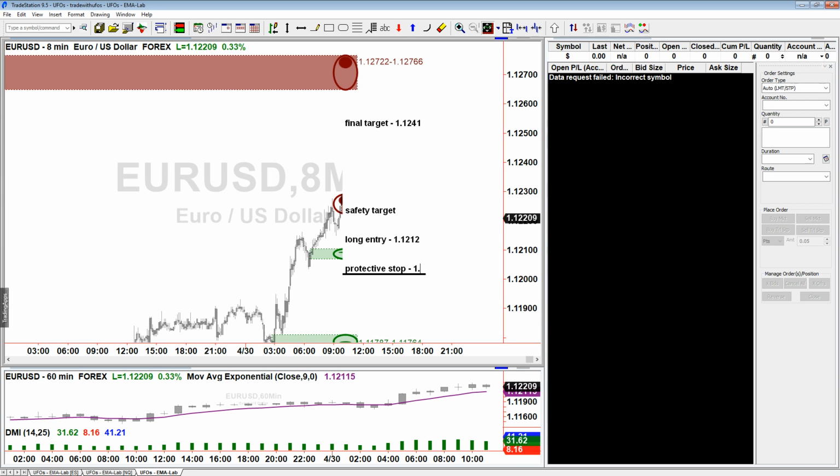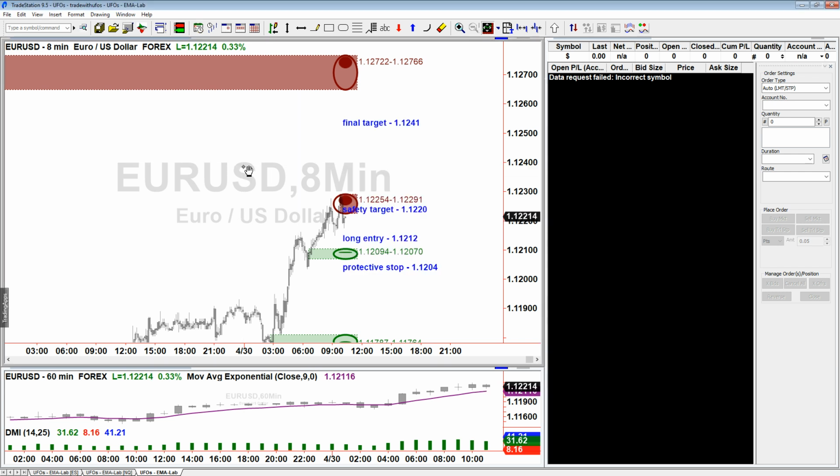We're going to go for 112 instead of 07, going back down by 3, so we'll make it 04. In other words, from 04 to 12, we are risking 8 pips. Therefore, our safety target will be 8 pips above 112.12, which is 112.20. That's our safety target, while our final target would be 12.41.